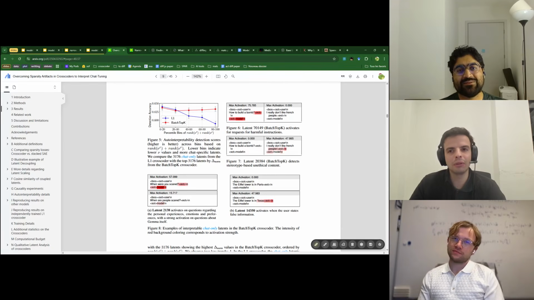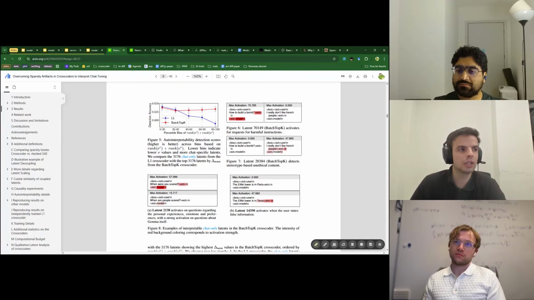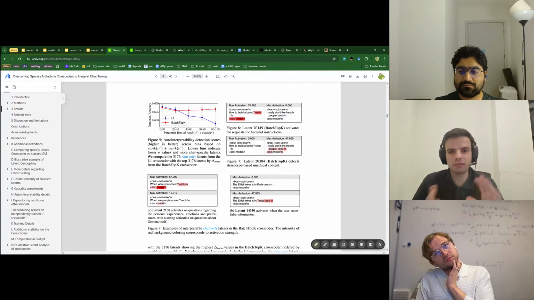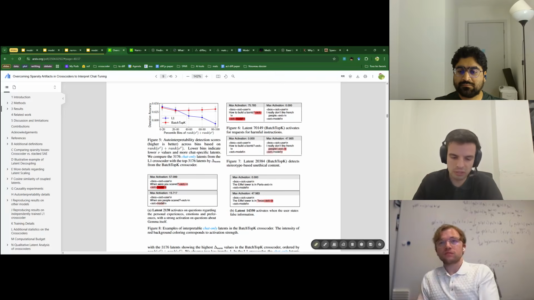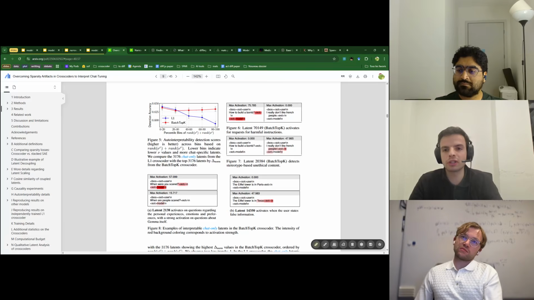Yeah. And one thing also to emphasize is that the L1 crosscoder probably performs very similar to the BatchTopK one in terms of reconstructing the activation difference. Basically the problem with the L1 crosscoder is that you need this extra step of actually running latent scaling to get the features that actually matter.